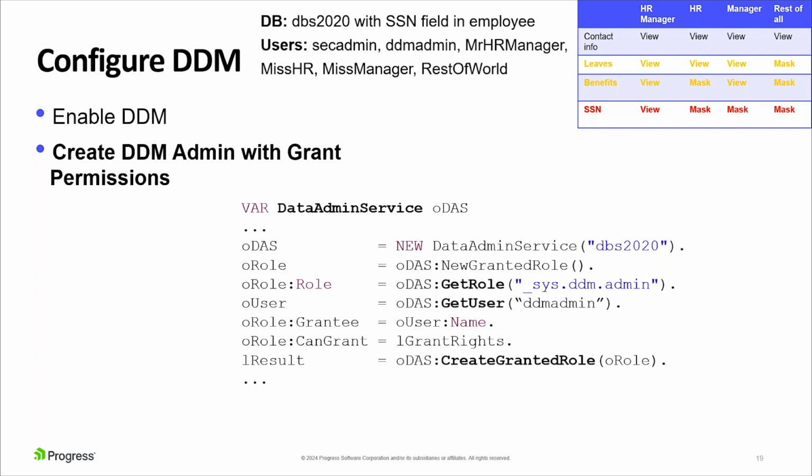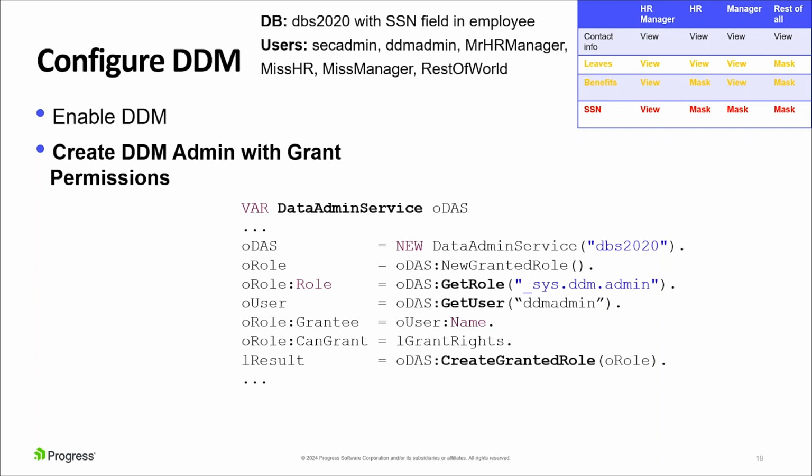system. As soon as you enable DDM on your database, a new built-in role, _system.ddm.admin, gets added to your database. In this code snippet, we are using the data admin service and we are granting this system admin role to our DDM admin user.